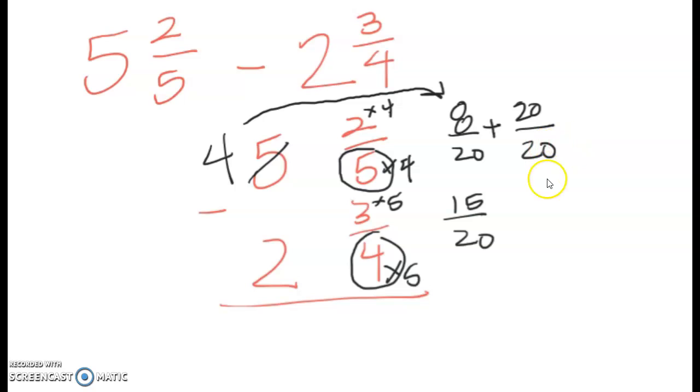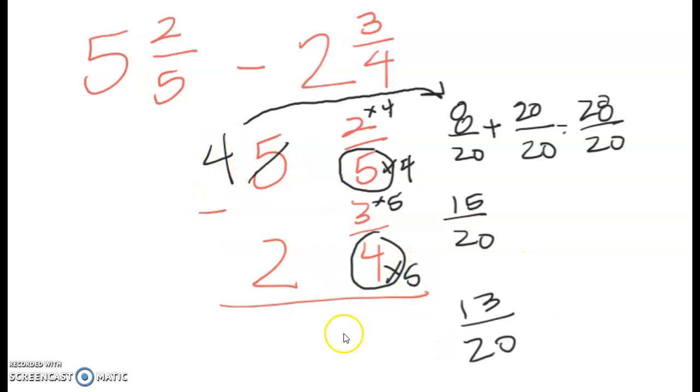So 20/20, 20ths. Now I have 28 20ths, okay? So I could do 28 minus 15. Yes, now I can. So 8 minus 5 is 3. So I have 13 20ths. And now I'm going to subtract my wholes, which is 4 minus 2, which is 2, and 13 20ths.